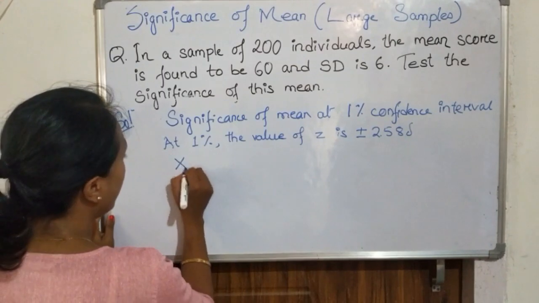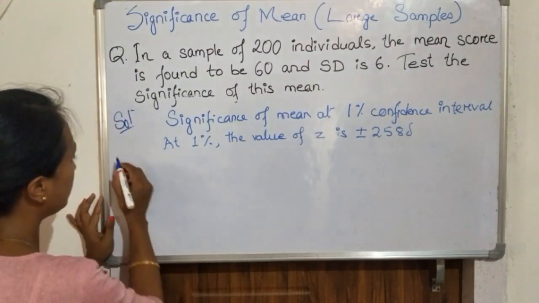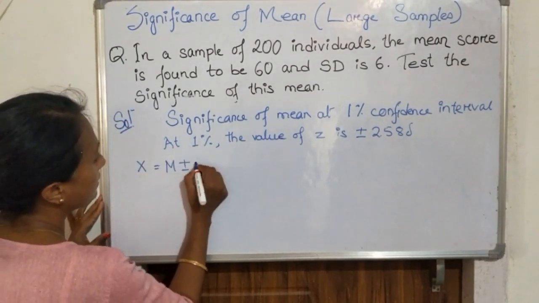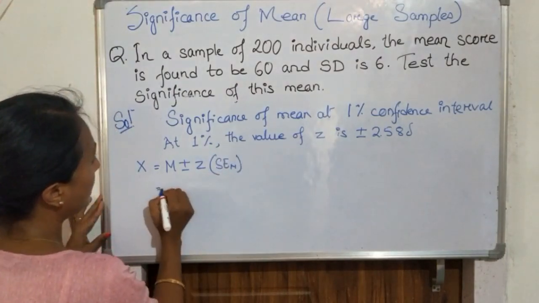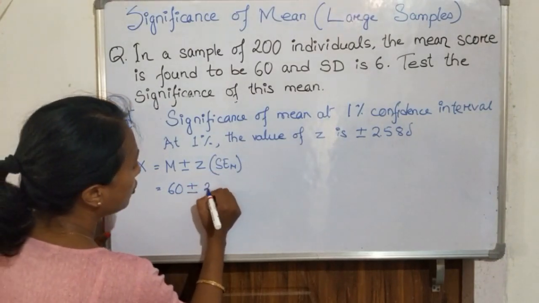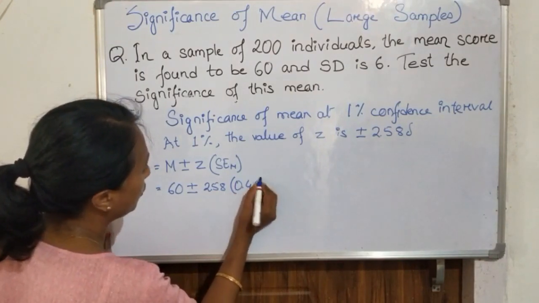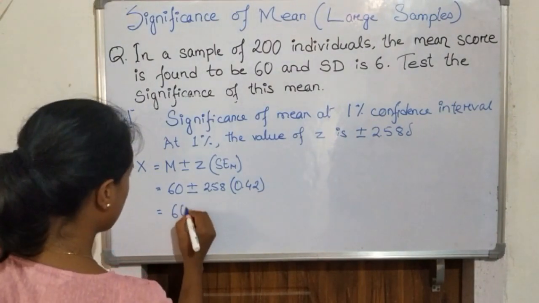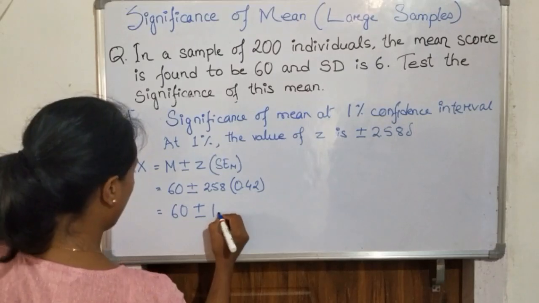Therefore X is equal to M plus minus Z into standard error of mean. Mean is 60, Z is 2.58, and standard error of mean was 0.42. Now 60 plus minus this becomes 1.08.